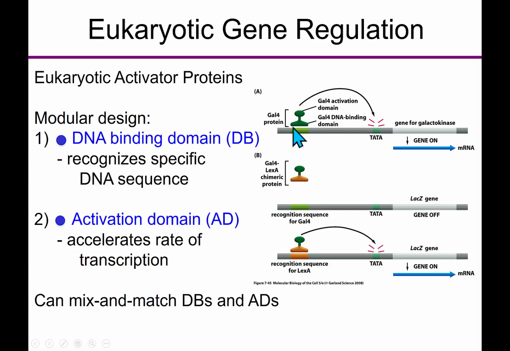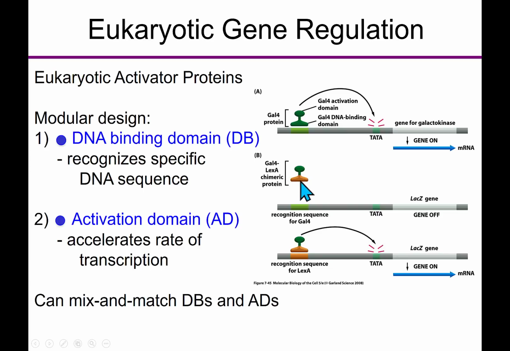Now, what happens in nature as well, what you can do in the lab, is that very often there are mutations, there are kind of swaps where the DNA binding domains and activation domains kind of get mixed up a little bit. So over here, for example, you still have the green Gal4 activation domain, but notice now you have a different color down here. You have a different DNA binding domain. This is, in fact, the LexA DNA binding domain.